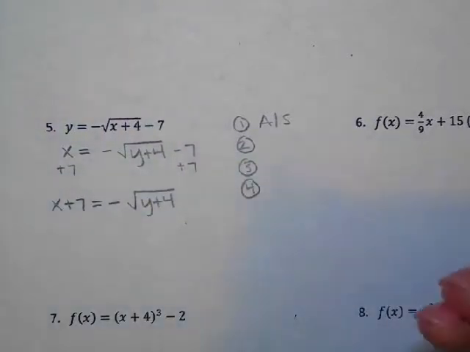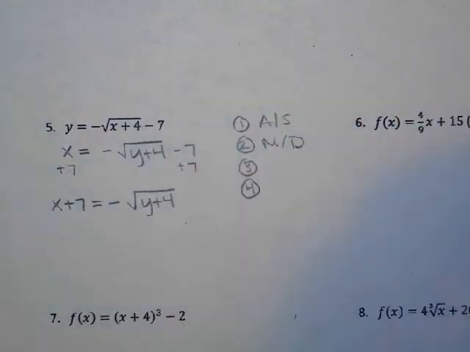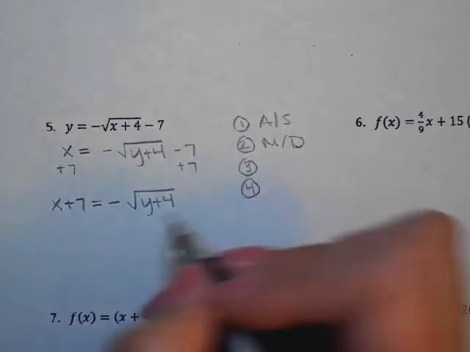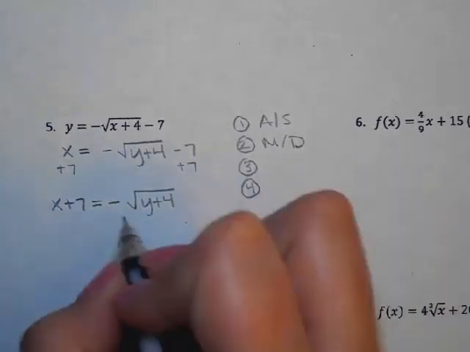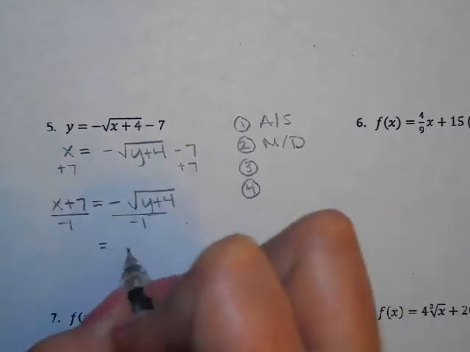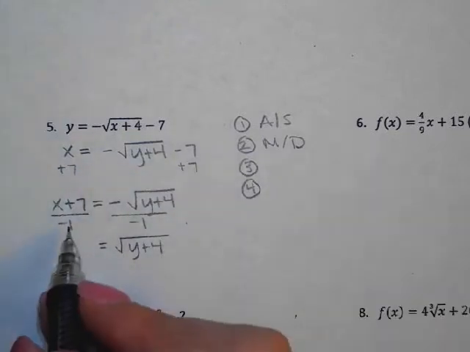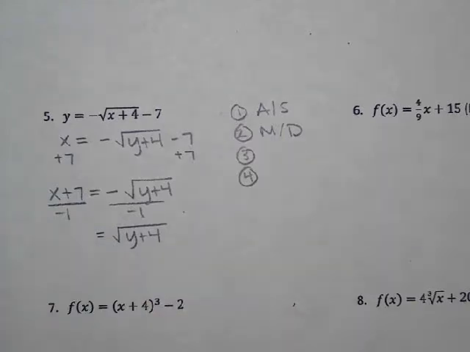The next thing that I want to do is see if there's anything I can multiply or divide to the other side. There is a negative that I can go ahead and multiply or divide to the other side. Now over here, you can technically leave it as a fraction, x plus 7 over -1, but most people don't do that.